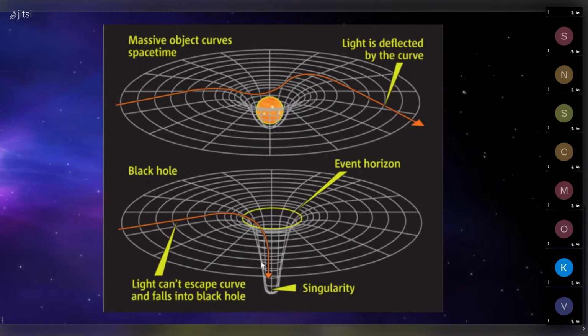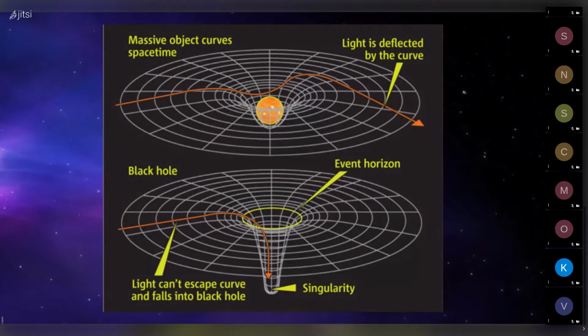But what happens if a black hole is present? If a black hole is present, as soon as the light crosses the event horizon, which you can see present here, the light cannot deviate. It just goes into the singularity. Light cannot escape the singularity. This is what happens in a black hole.